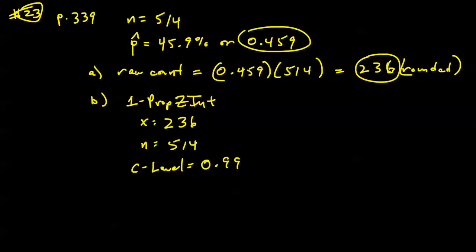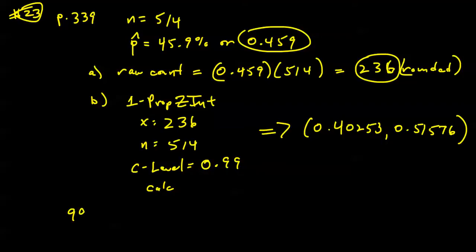And I'll then highlight calculate for the following result. 0.40253, comma, 0.51576.